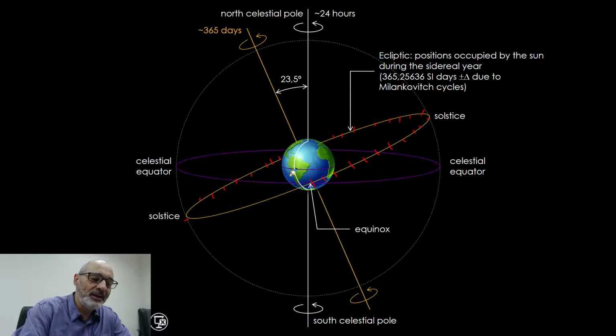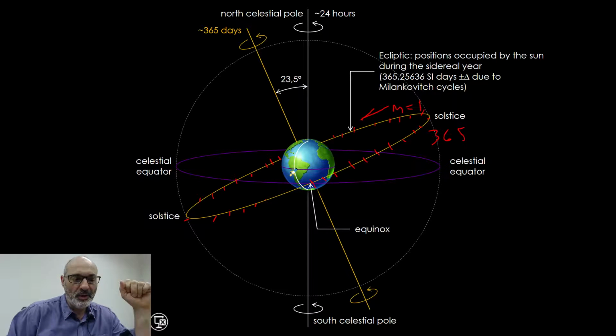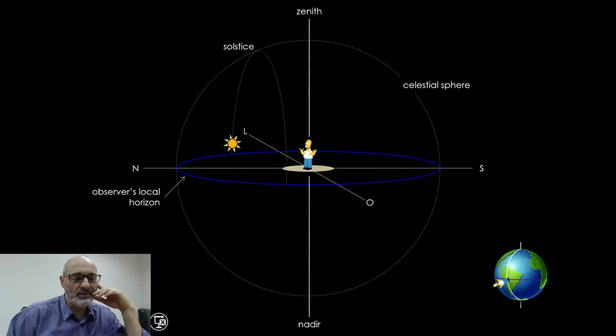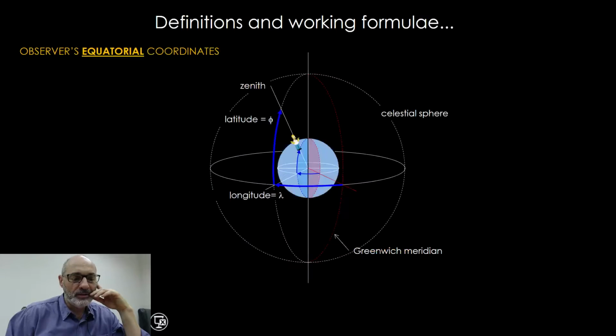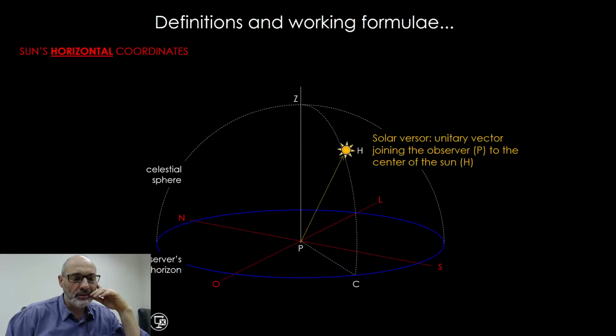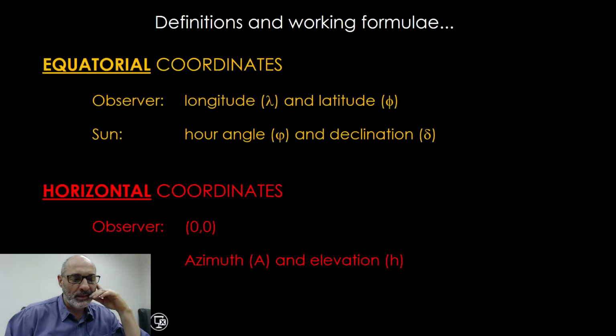That's the only observation I wanted. n equals 1 is roughly here for us, then it goes to 365 on the other side here. So that's what the Julian day represents. Let me go back to my slide.